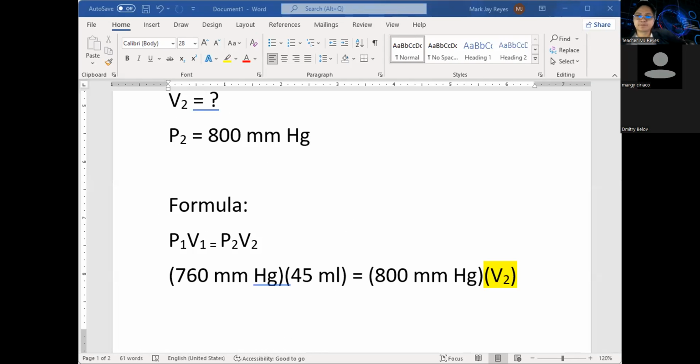Okay, time is up. What are your answers? Let me see your answers. Share it in the class. How can you solve for V2 in this case? Margie and Dimitri, are you still with me? How can you solve this one?